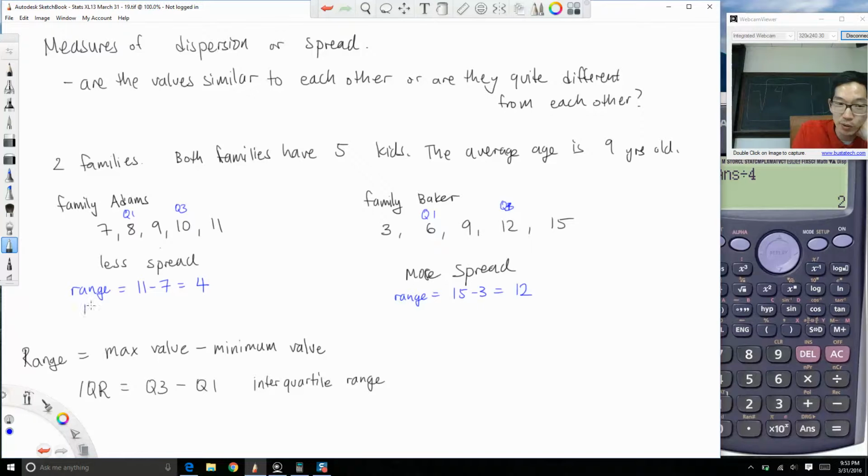So our IQR here would be 10 minus 8 equal to 2. And over here our IQR would be 12 minus 6 equal to 6. And then the last measure of spread is the standard deviation.